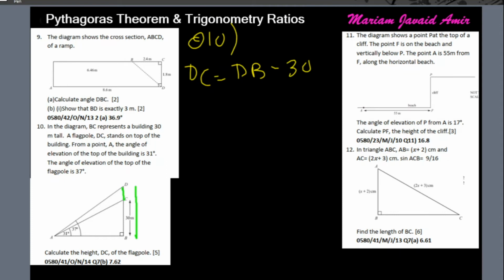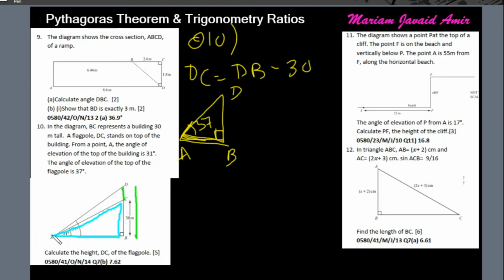DB is part of this whole huge triangle ADB, where this is a right angle. I don't have DB and I just have this angle 37 and nothing else. AB is vertical, this is horizontal. First I need to find AB using this smaller triangle.